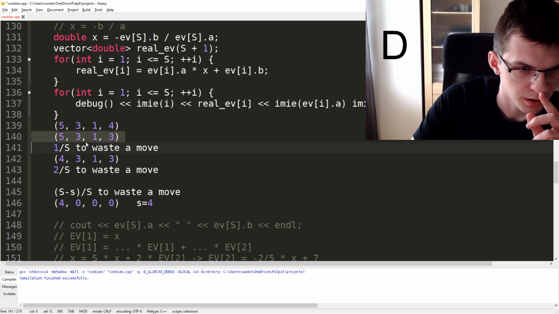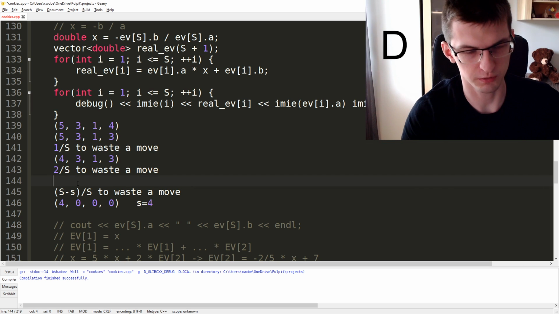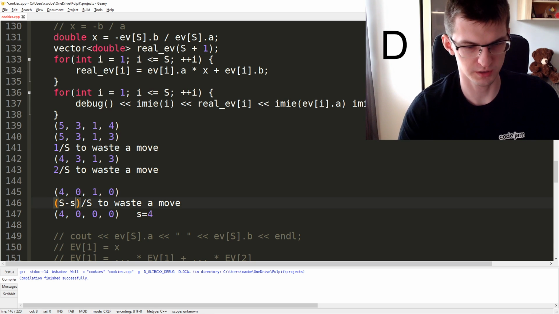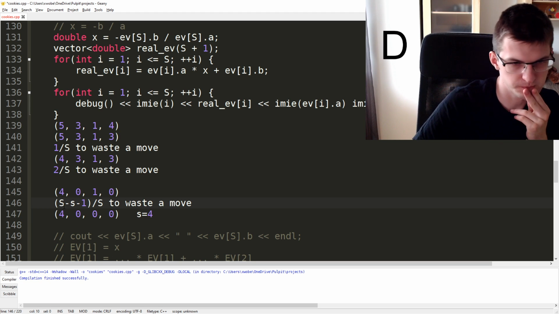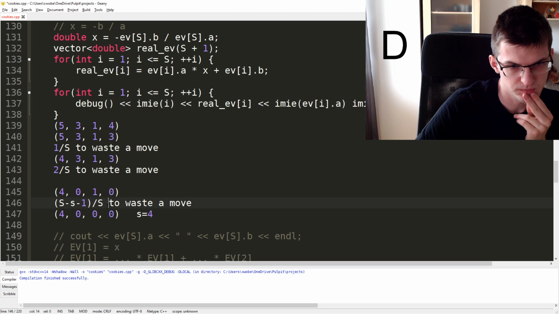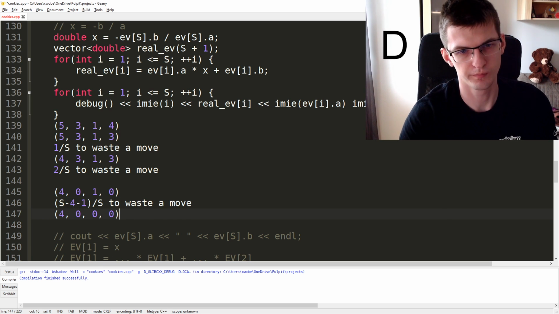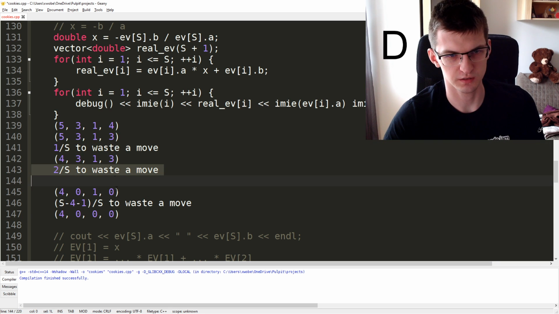Let's think from this one as a moment ago it was like that, and there was this probability to waste a move. I need to sum up time wasted from those.